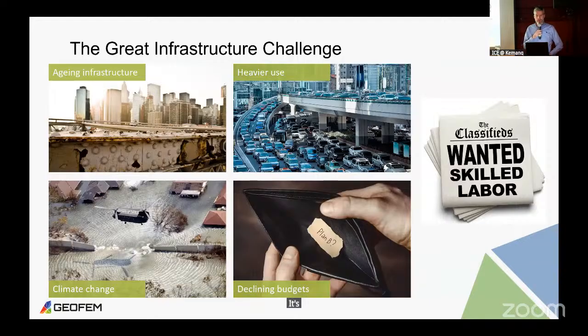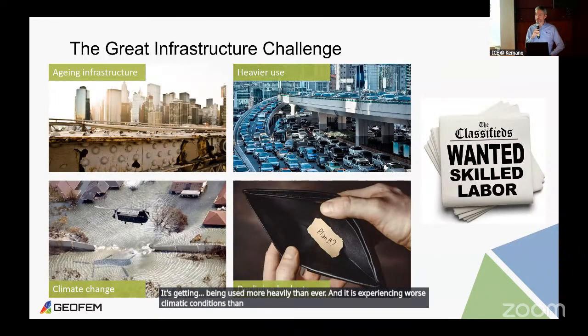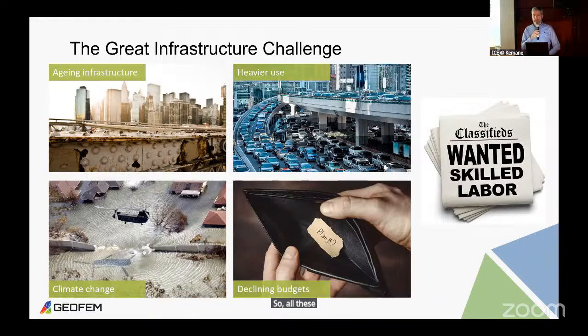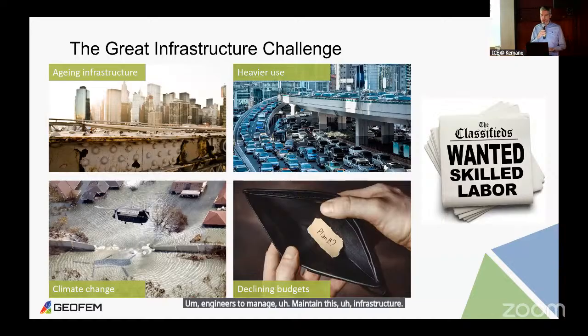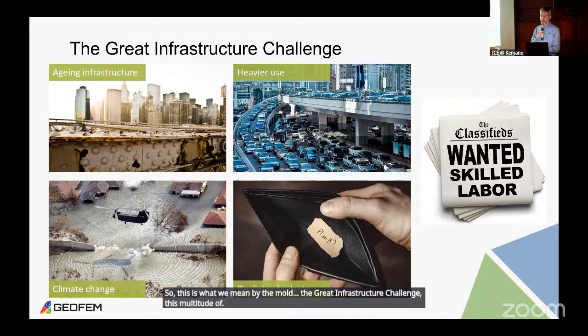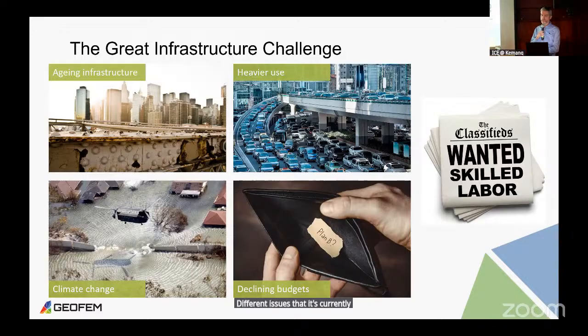It's being used more heavily than ever, and it is experiencing worse climatic conditions than it was ever intended for and than it has experienced in the past. So all these together, plus on top of all that, the shortage of skilled engineers to manage and maintain this infrastructure. So this is what we mean by the great infrastructure challenge, this multitude of different issues that it's currently facing.